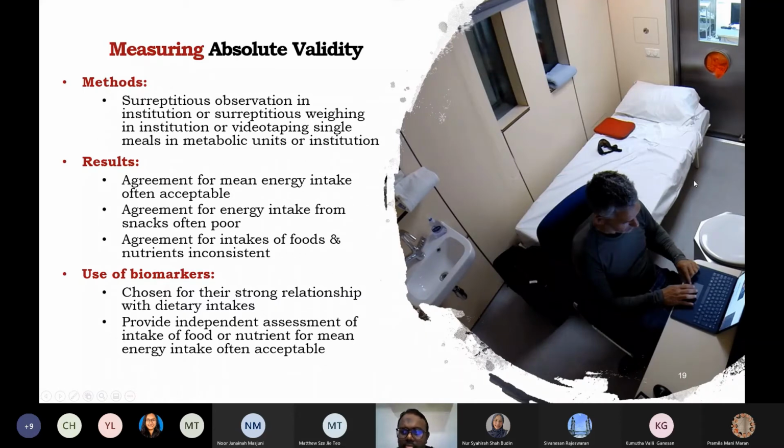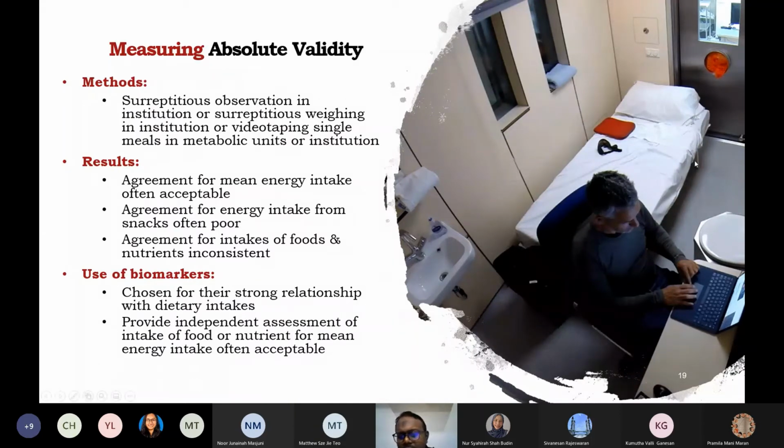Even the foods will be monitored. Whatever is given and taken back, left on the plate, is measured. Okay, so that is absolute validity, measuring absolute validity, so that we know what the person is actually consuming.